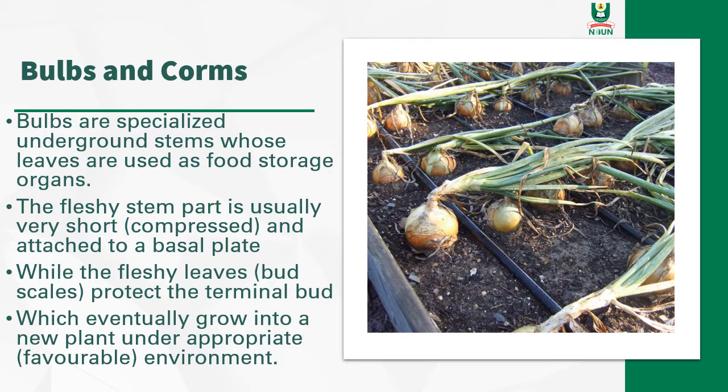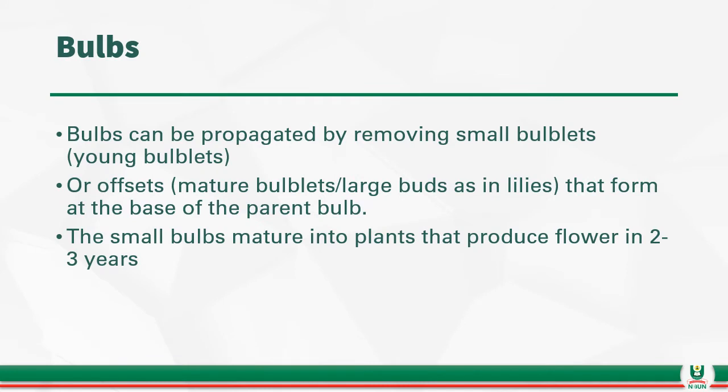We have them in onions. So like you have seen the description here, that is what you plant if you want to get new plant materials. And bulbs also can be propagated by removing small bulblets. The young bulbs are called bulblets or offsets.